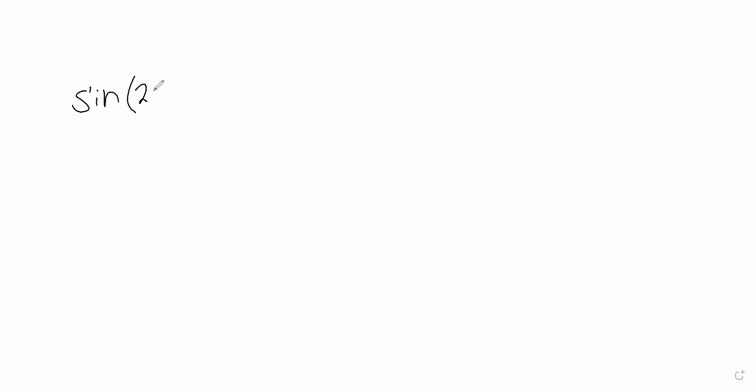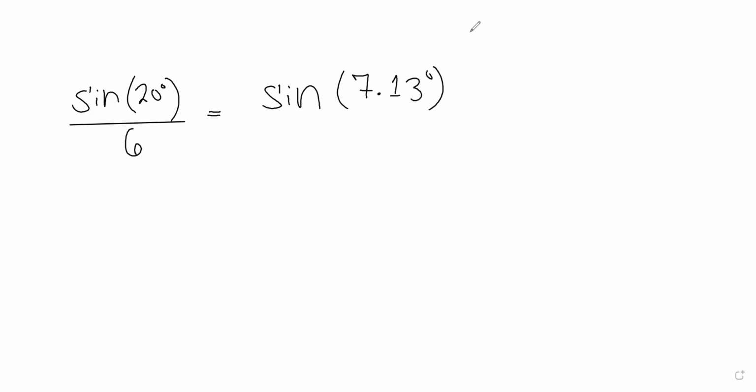So little b was 6, equals sine A2 over length a2.